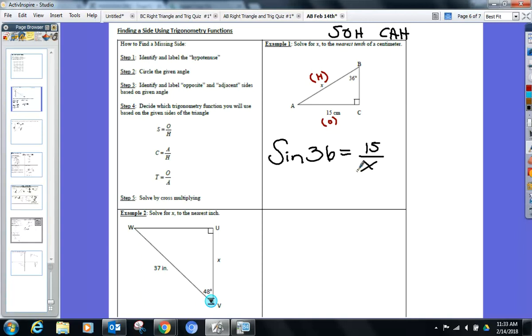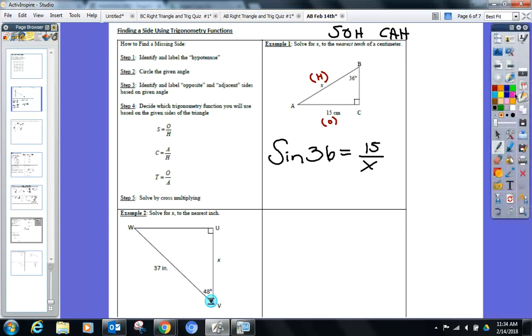Now, how do you solve that? So I got to get x by itself. Well, let me throw it out to you before I show you how to solve it. Anybody get x by itself here? Here's what we're doing.